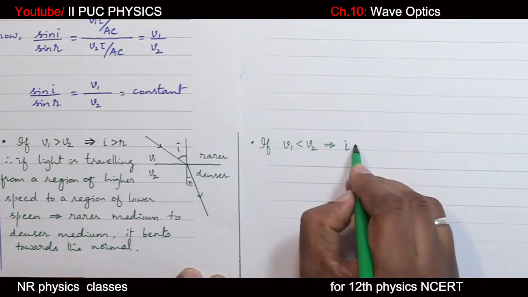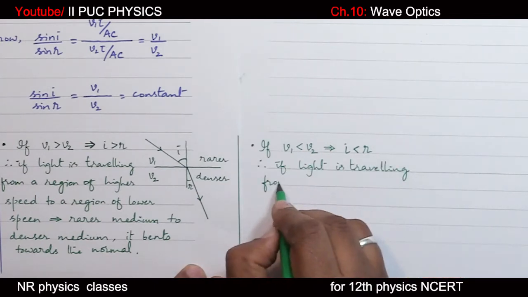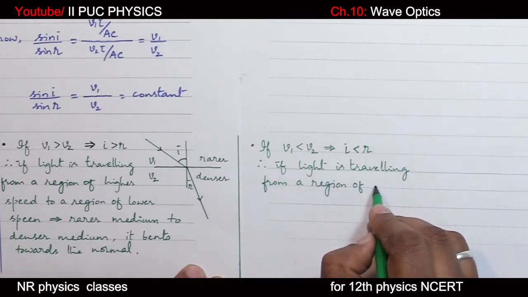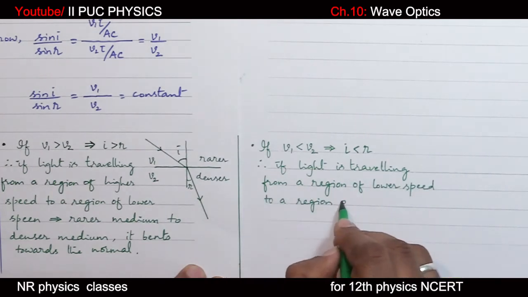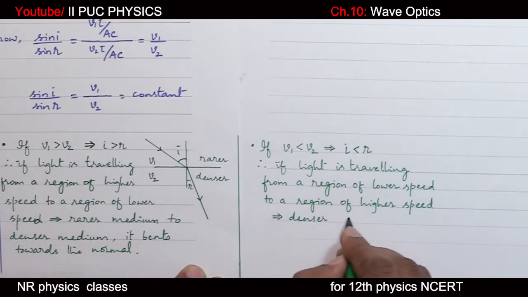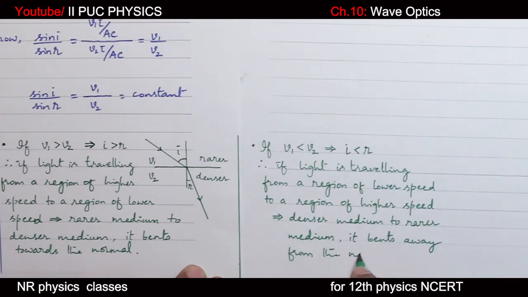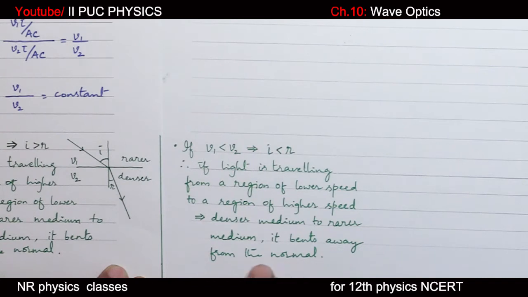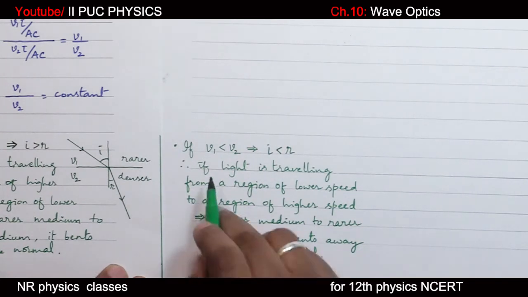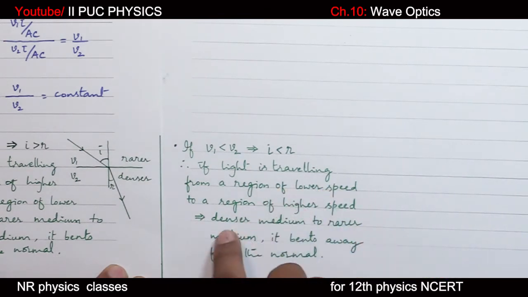Nothing but I should be less than R. It bends away from the normal. If light is traveling from a region of lower speed to a region of higher speed, lower speed means denser, higher means rarer, denser to rarer, it bends away from the normal.